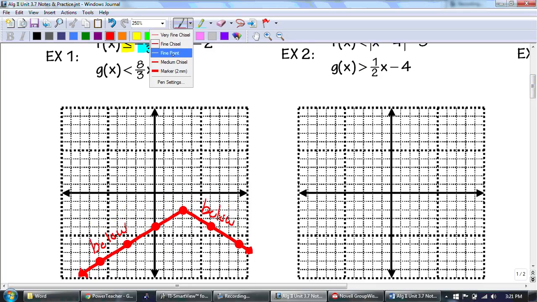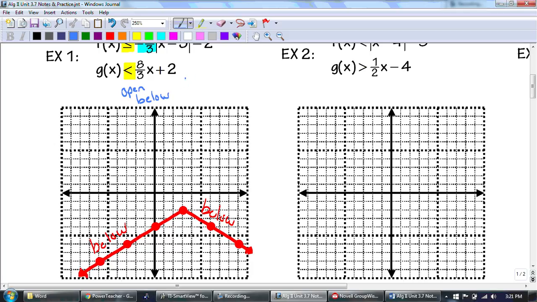Looking at this other function, there are no absolute value brackets. Woo! It's a linear inequality. So I'm going to look at the symbol, just like we did before. It's telling me that it's open, and I have to shade below.